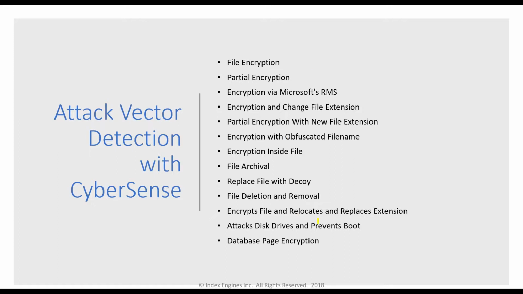Also, beyond files, it also looks at database page encryption. So this is really a list of the types of attack vectors that CyberSense is really designed to thwart. And this is a pretty extensive list and represents most of the typical attacks that occur today.